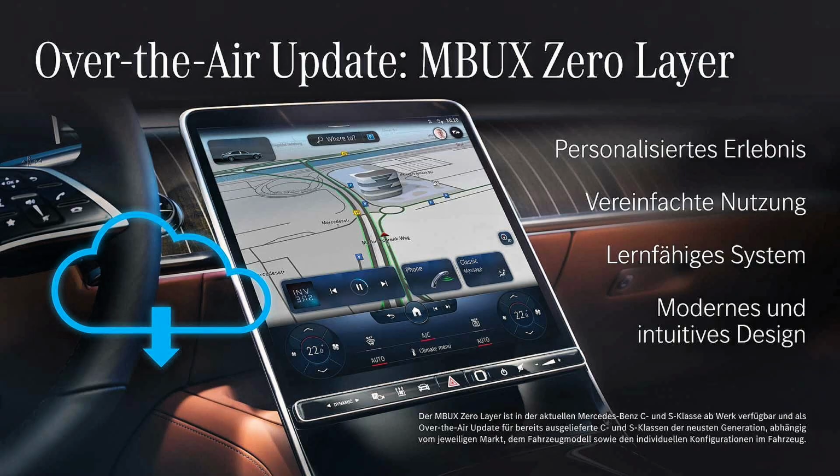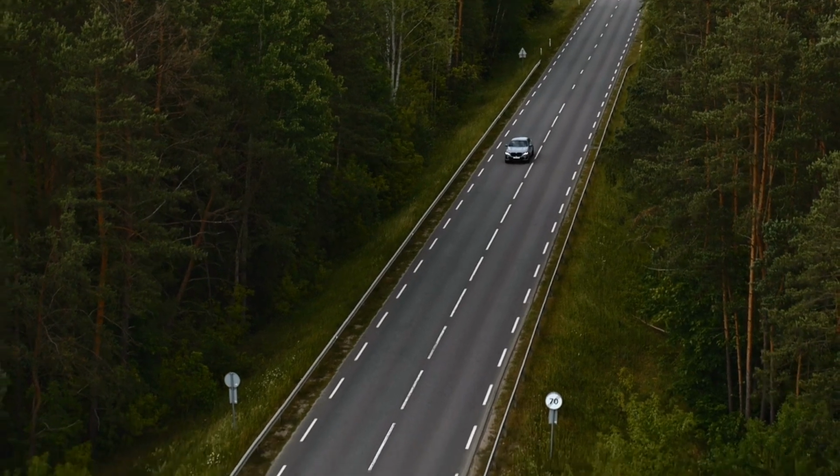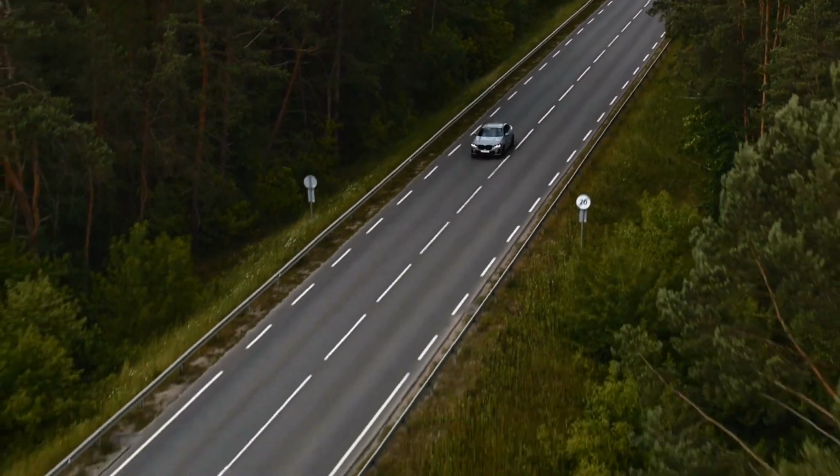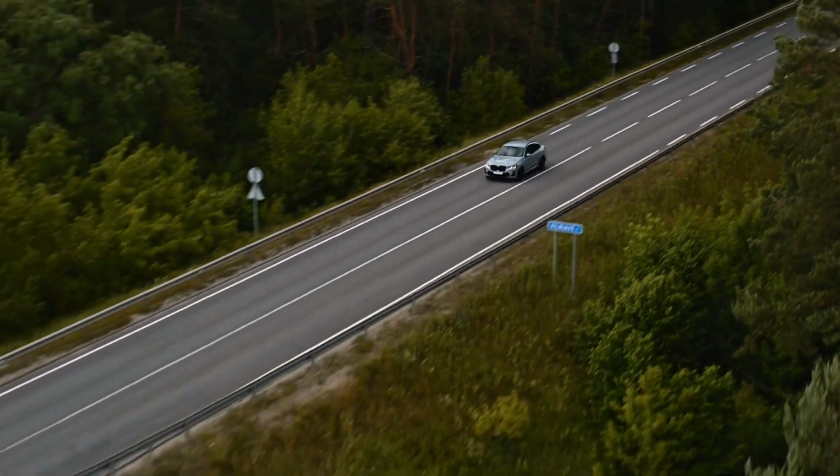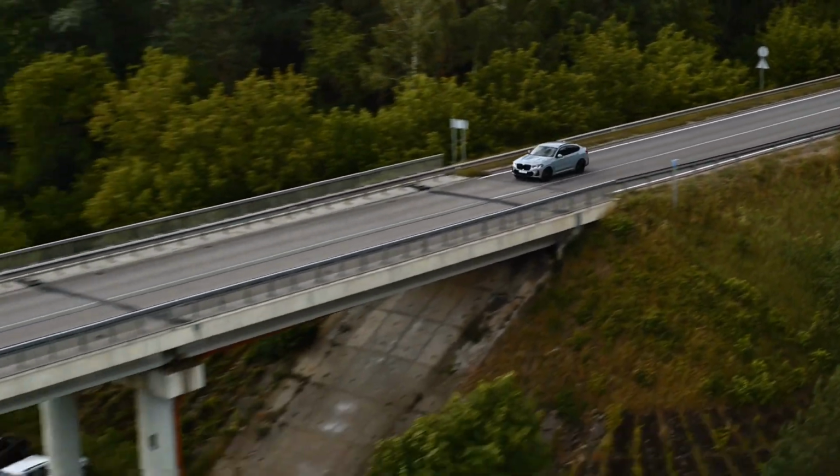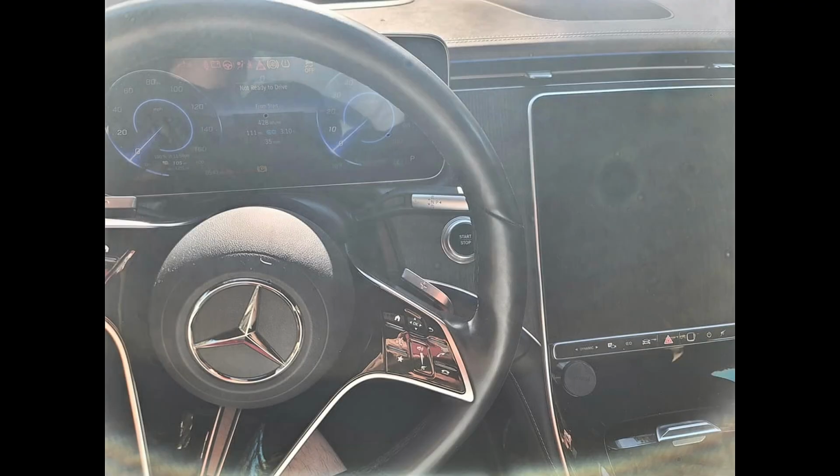not hardware failures. They are software-related behaviors that can often be fixed at home without tools, coding, or a visit to the dealer. One of the biggest mistakes Mercedes owners make is assuming that every MBUX malfunction means something's broken.